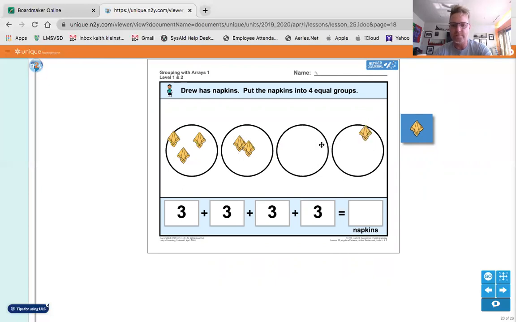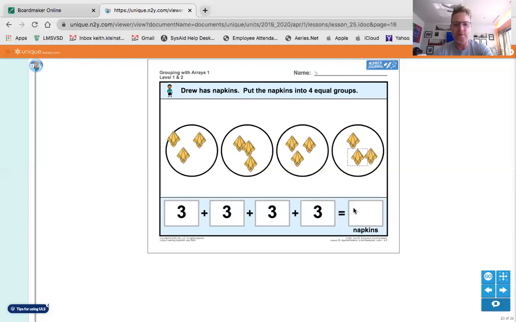Come on, napkin. Come on. Okay, here's another group. 1, 2, 3. And one more group. 1, 2, 3. So this is 3 times 4.